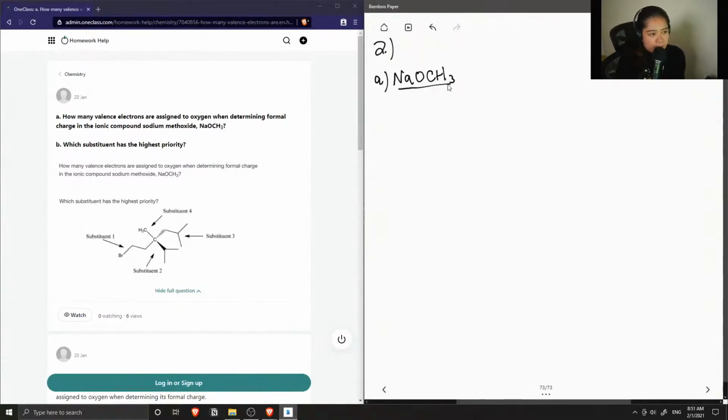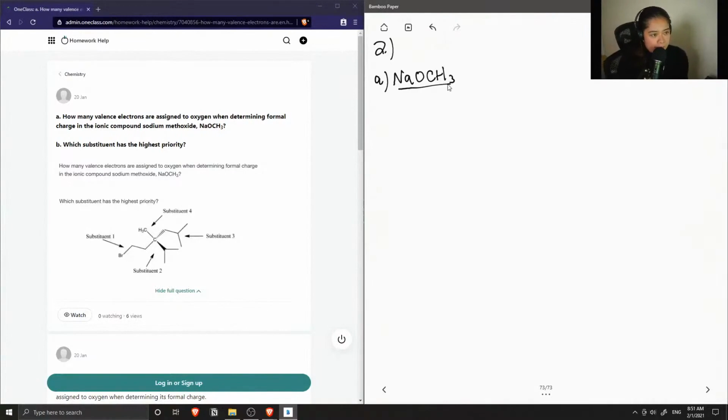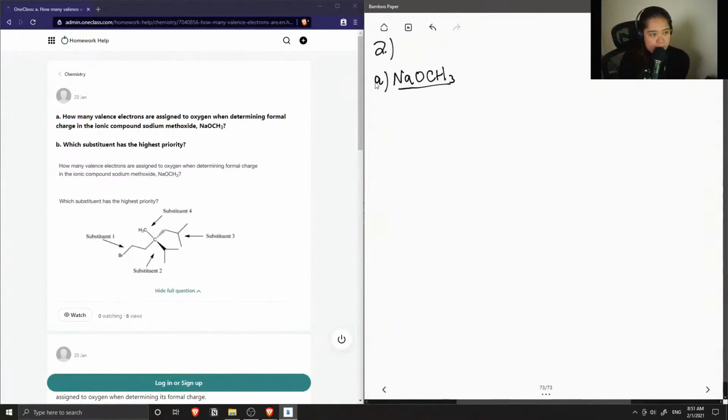Okay, so this is sodium methoxide. And it might be more helpful to show how to answer this question just by drawing out its Lewis structure first. So to draw out the Lewis structure of sodium methoxide, we need to calculate the total number of valence electrons.